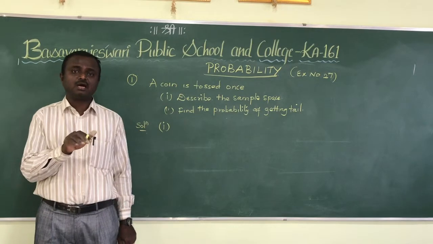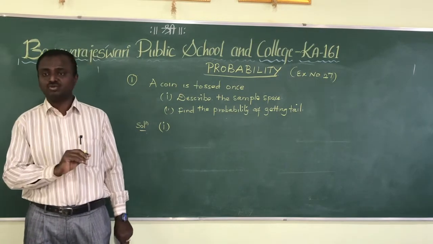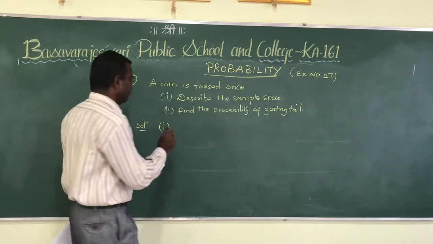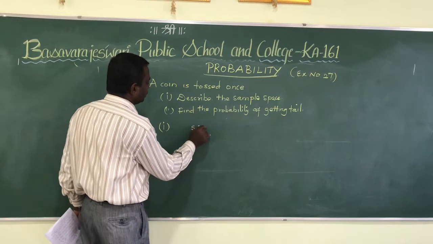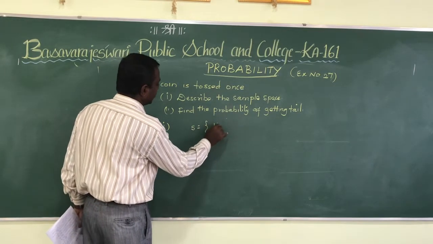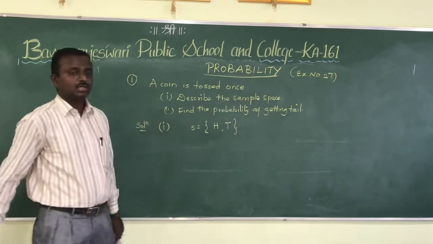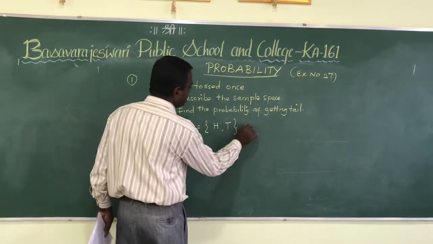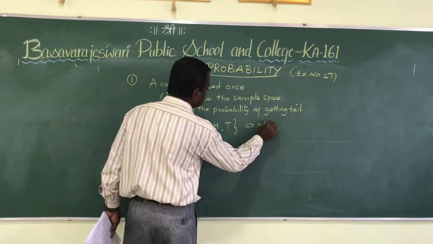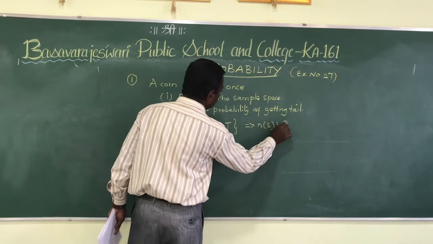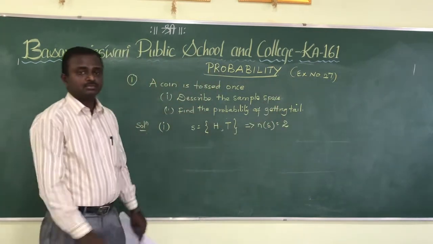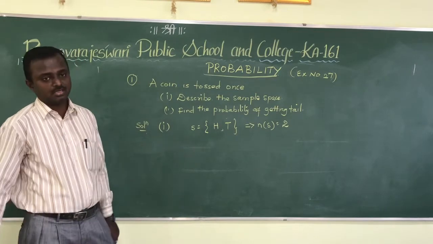Either head or tail. Two outcomes you will get, isn't it? So therefore, S is equal to {head, tail}. This implies n of S is equal to 2. So this is the first answer.